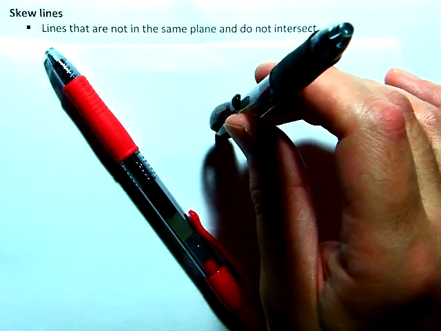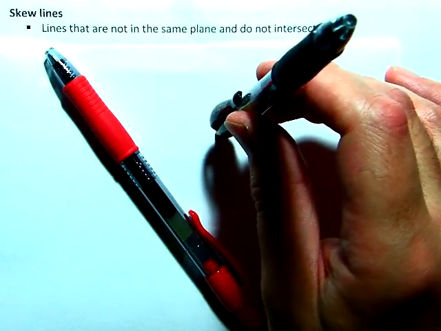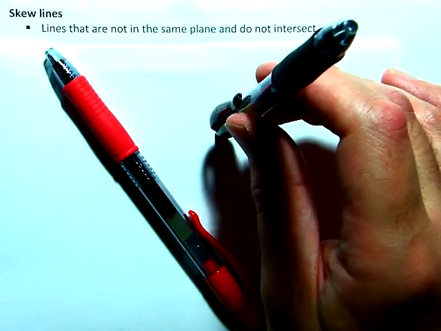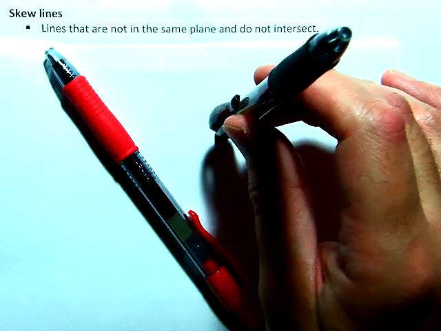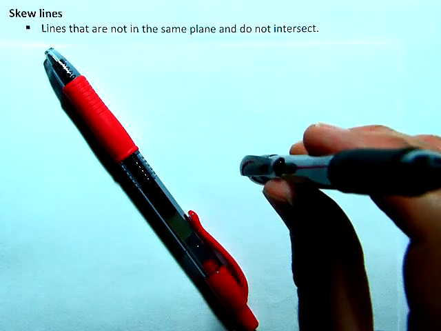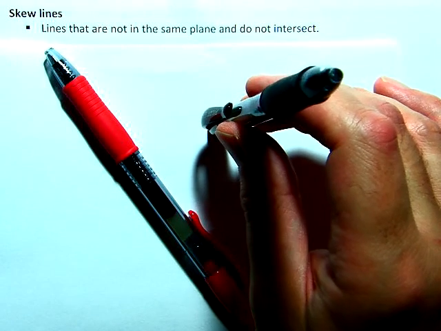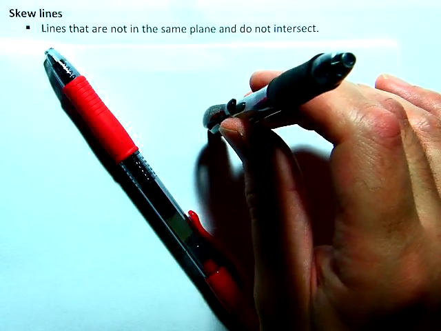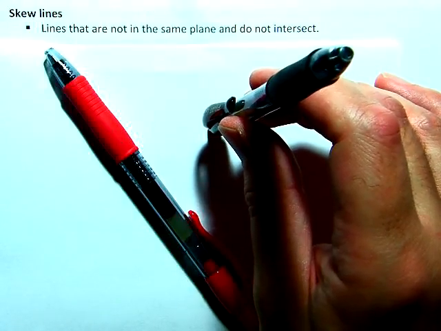It's not lying on the same tabletop-like surface. And furthermore, it doesn't intersect. The line that's represented by this black pen never intersects that red pen, because this black pen either goes up like that or down through the tabletop, and it never intersects the red pen. So that would be a way to represent skew lines, lines that are not in the same plane and do not intersect.